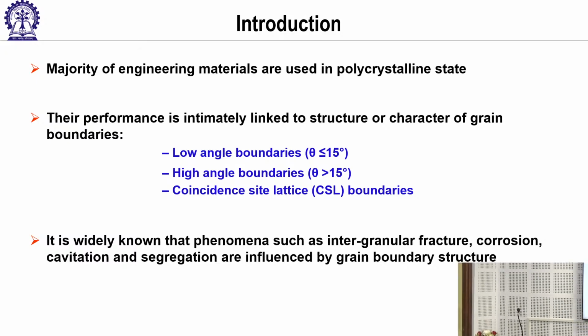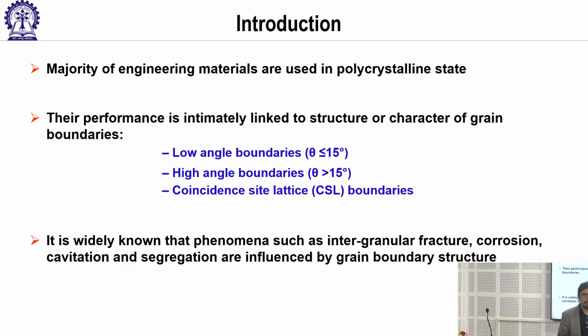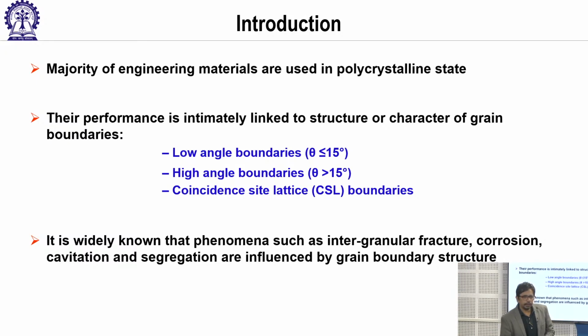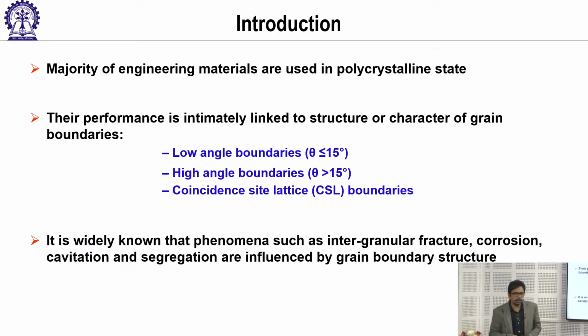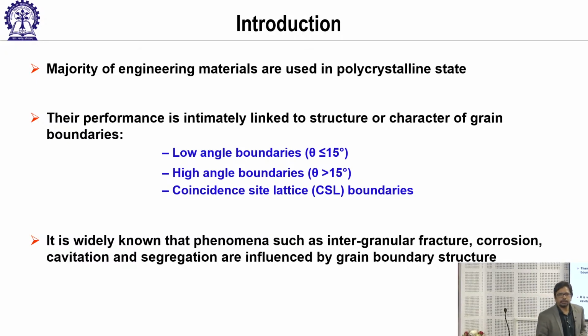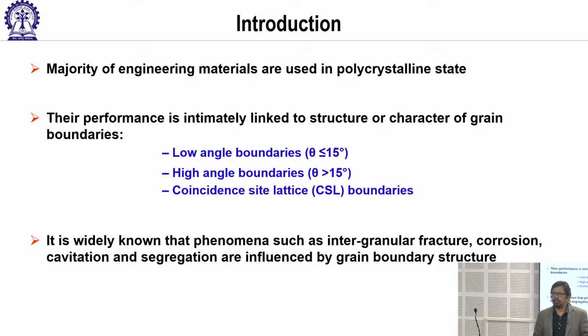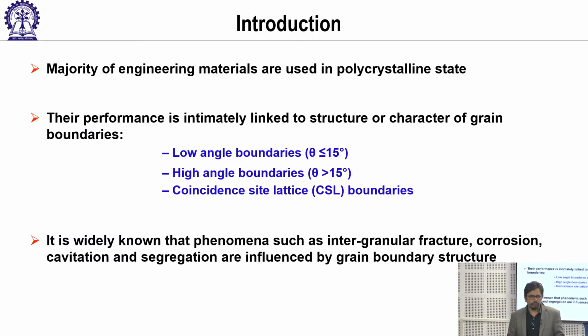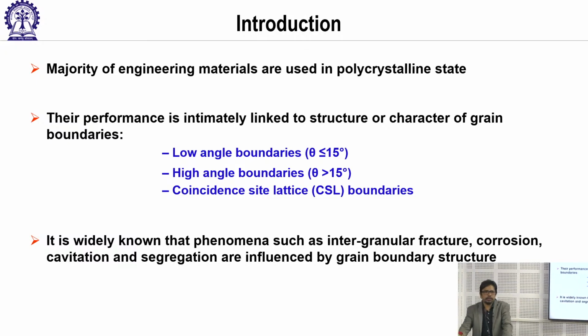It's very basic definitions, right? I'm sure you have read this in your undergrad course. Misorientation angle theta less than or equal to 15 degrees are low angle boundaries, and those having more than 15 degrees are high angle boundaries, right? And all of you know that high angle boundaries give you strength, the typical Hall-Petch relationship, everybody knows.